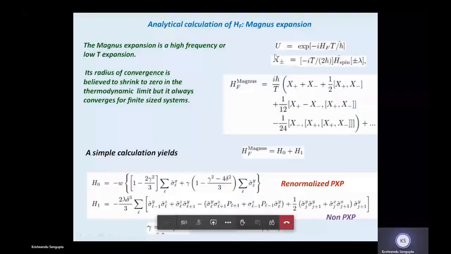Let me try to give you the gist of it. The gist is that there is a class of terms which gives you just sigma x tilde and sigma y tilde, which with a rotation is just like what you had for the original Hamiltonian.